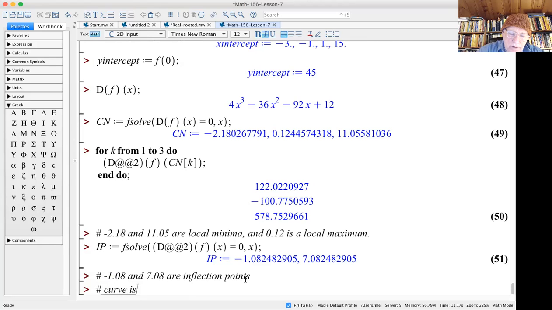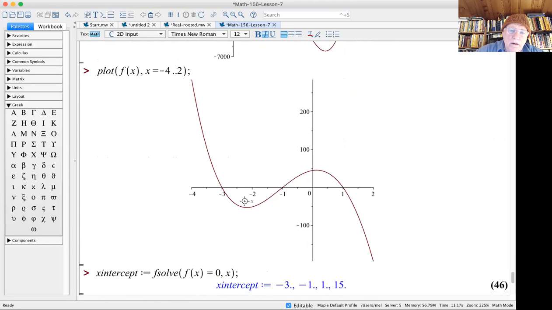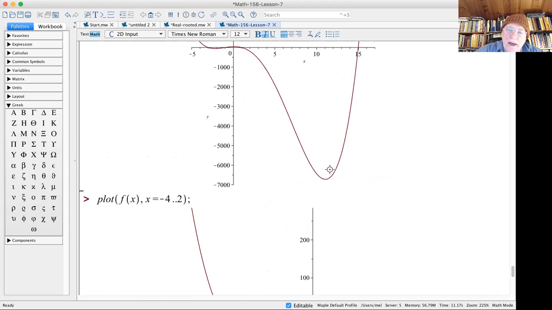So the curve is concave up from minus infinity to the first inflection point, and from the second inflection point to plus infinity.